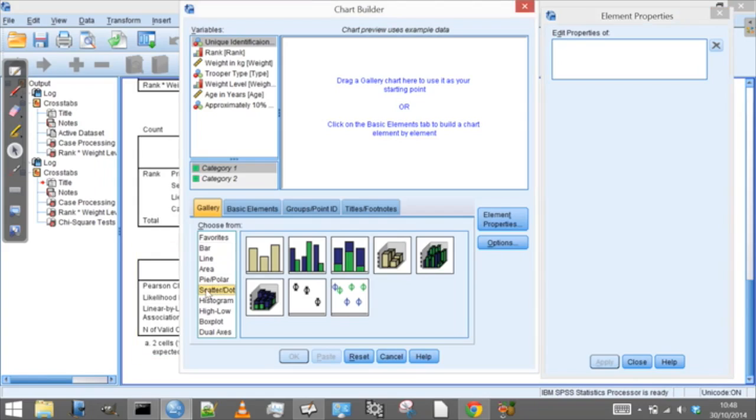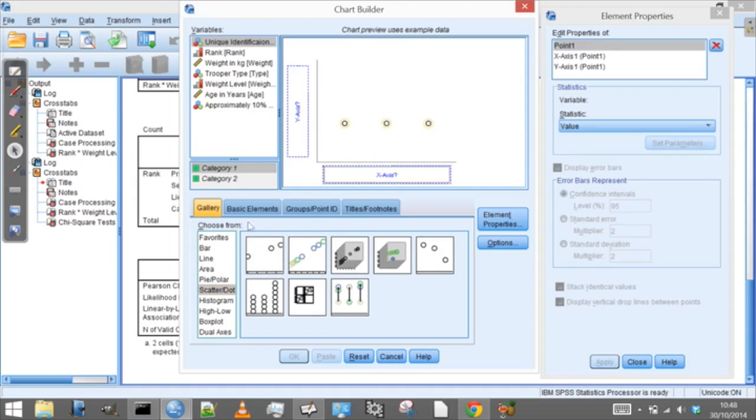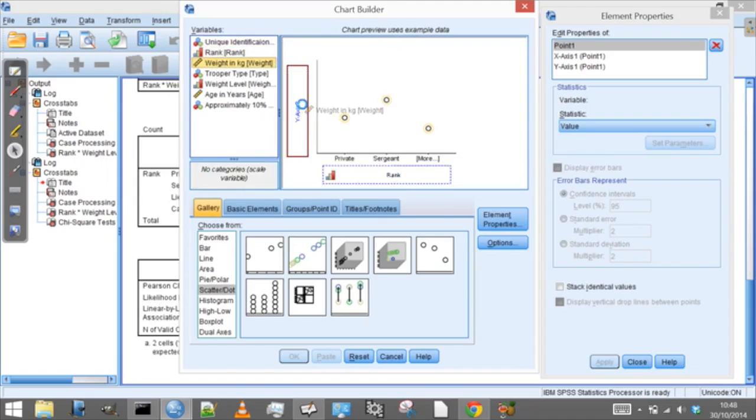So we often use a scatter plot to just look at all of your data. And so just initially, I'm going to chuck the scatter plot in there. So you can either watch this or follow. And then on the x-axis, I'm going to put rank. And on the y-axis, I'm going to put weight.